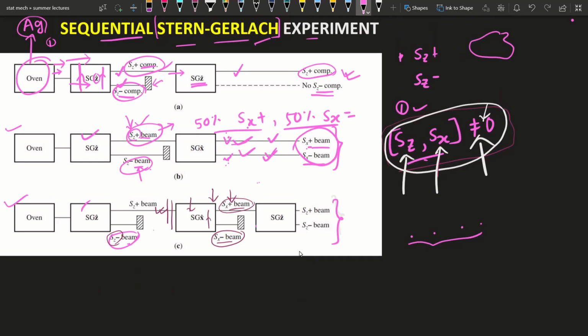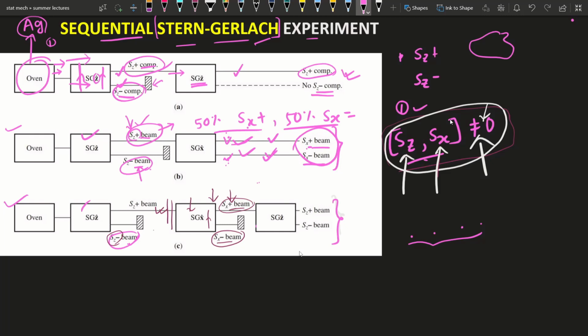There I have discussed that for the measurement of two observables that are non-commutable, like if we measure Sx and Sz, we know that the commutation of these two is not equal to 0.